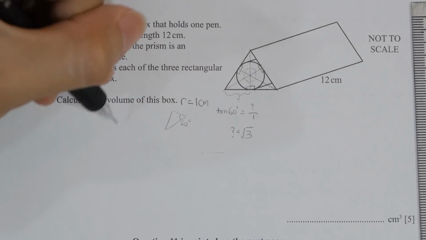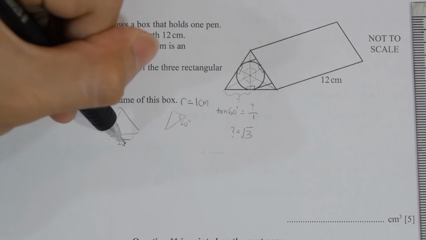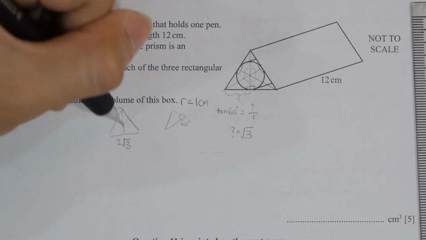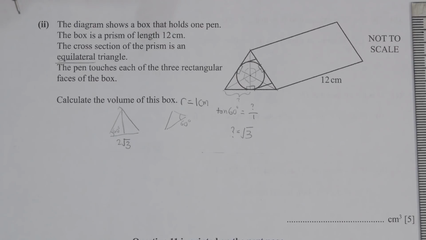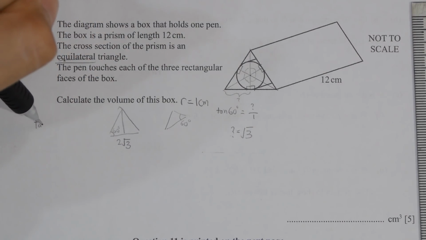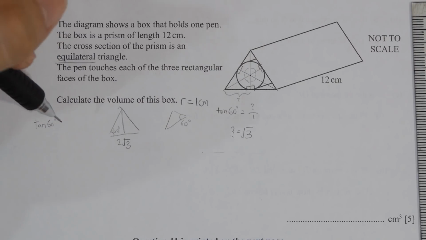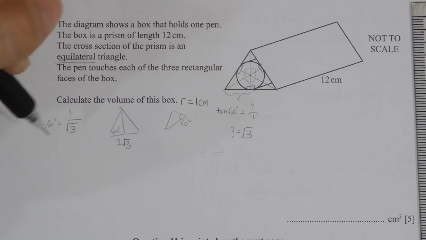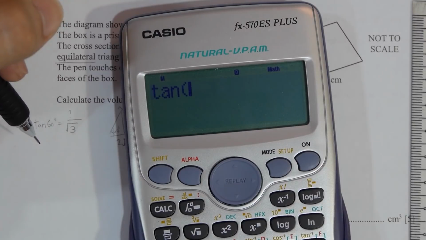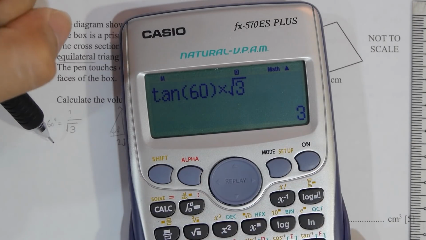Then I look at the bigger triangle now. With the adjacent given, I'll be able to find the height of this triangle. So the result is actually 3.